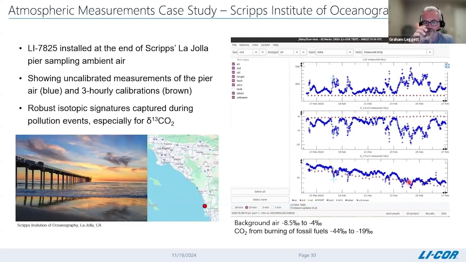A very nice example was carried out by a beta test customer, the Scripps Institution of Oceanography in California. They installed a LI-7825 at the end of their pier, which you can see in the photograph at the bottom left. That's located a fair way south of Los Angeles, but in a super mega-city area, with very high potential for emissions from Los Angeles to make contact with La Jolla, as well as the San Diego area.